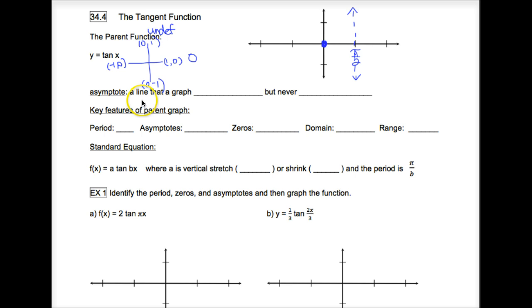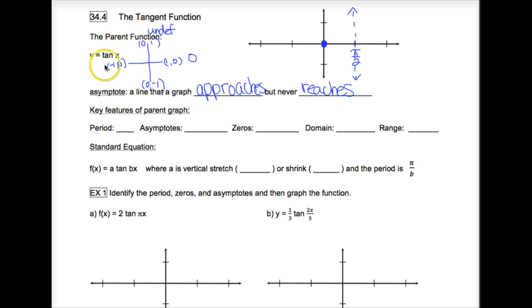It's really kind of an imaginary line, which is why we draw them dashed, because you couldn't actually see it if you graphed it on your graphing calculator. The asymptote wouldn't appear. But an asymptote is a line that a graph approaches but never reaches. So we put in an asymptote at pi over 2.